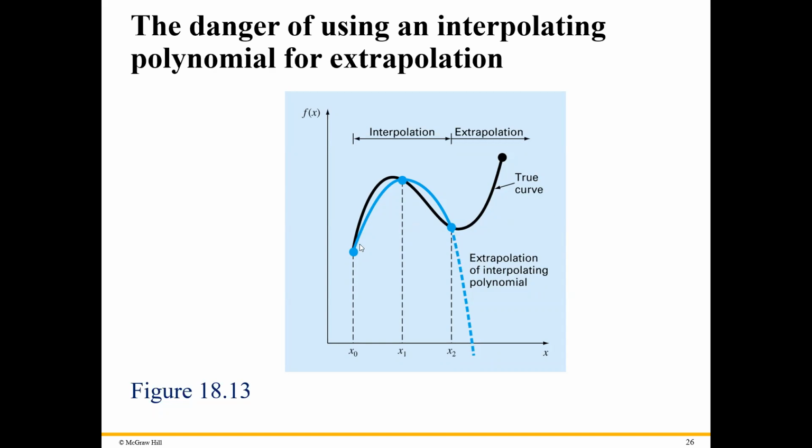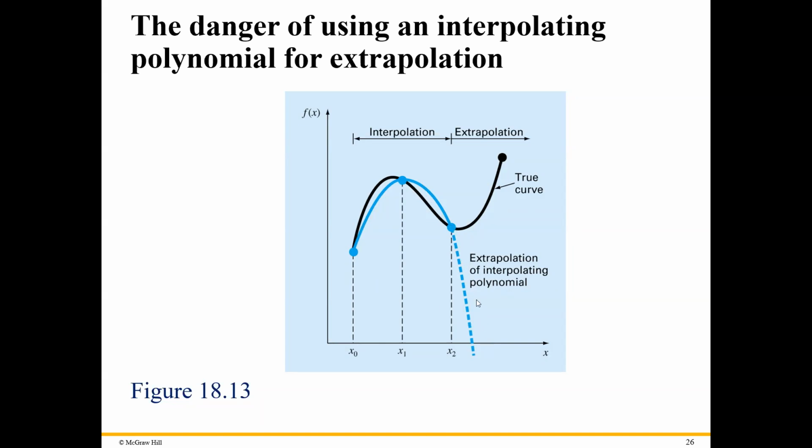For example, if these 3 points are given, x0, x1, and x2, and we want the value of the function at another point, say towards the right of x2, then the choice of points may give different extrapolated values.